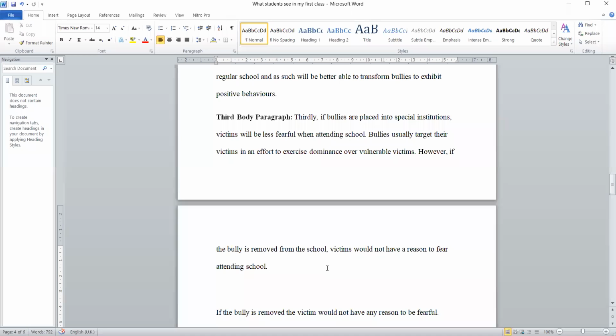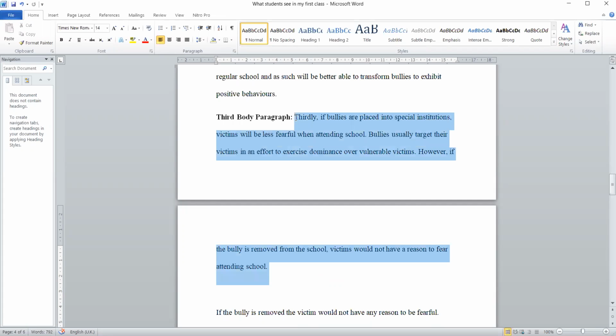I'm communicating on a personal level. It's almost as if we're having a direct conversation. That's how the direct personal appeal works. So how could I incorporate direct personal appeal into the third body paragraph that we have?